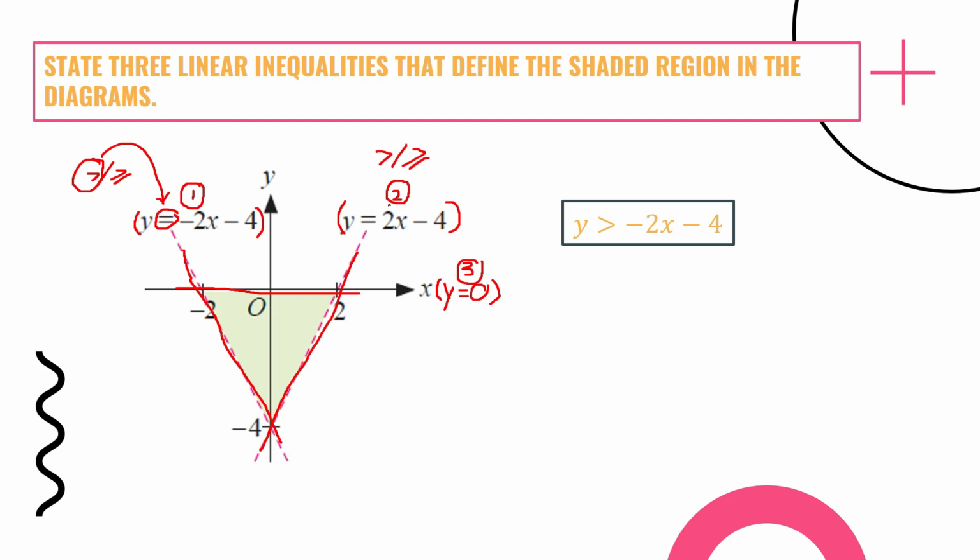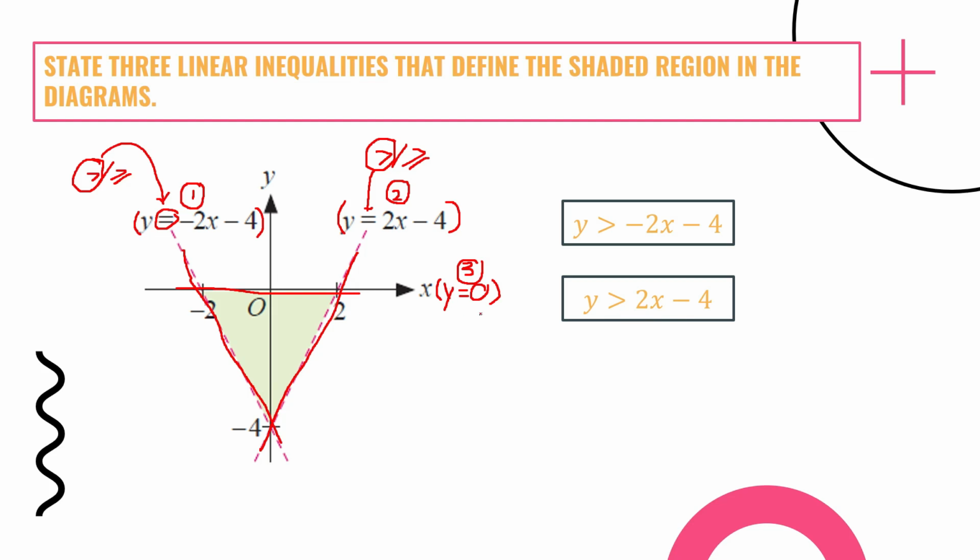We check the straight line, is it a dash line or a solid line. This is a dash line, so we'll use the sign higher than. So we need to change this equal sign. The second linear inequality is y higher than 2x minus 4.